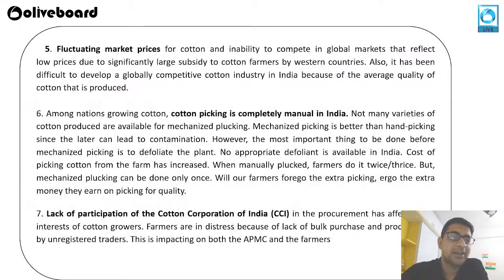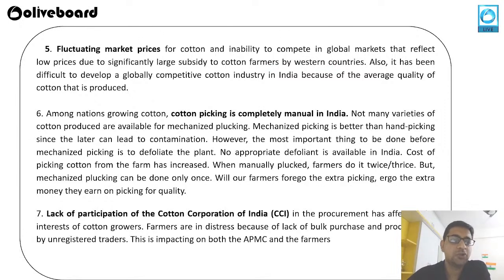Now the fifth one is fluctuating market prices. There are fluctuating market prices for cotton and an inability to compete in the global market, which reflects the lower price due to the significantly large subsidies given to cotton farmers by Western countries.